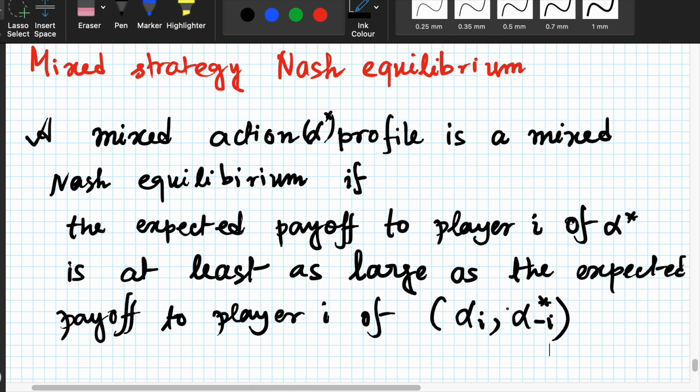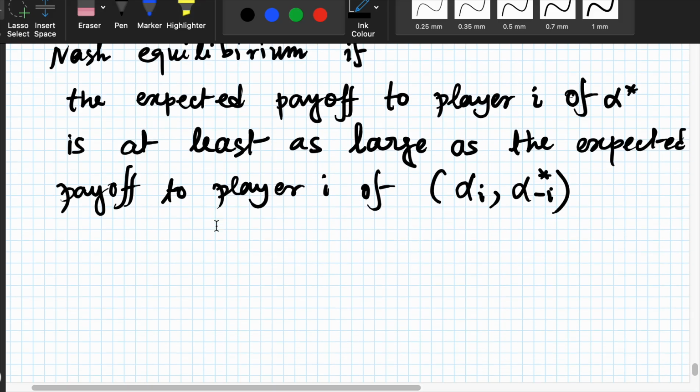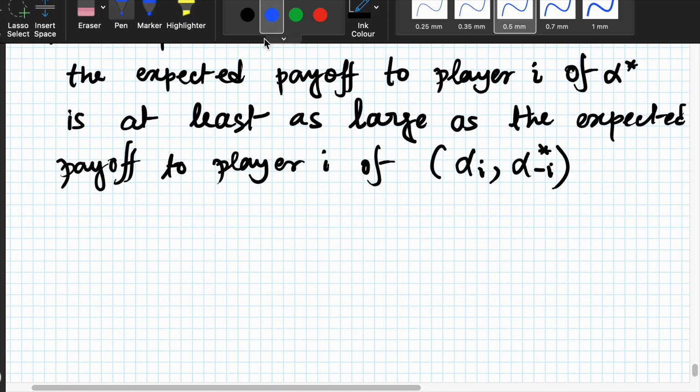So when all the other individuals stick to their prescribed Nash equilibrium strategy alpha star, then the expected utility that player i gets by playing the strategy prescribed by the Nash equilibrium should be at least as high as any other strategy when others stick to their Nash equilibrium.